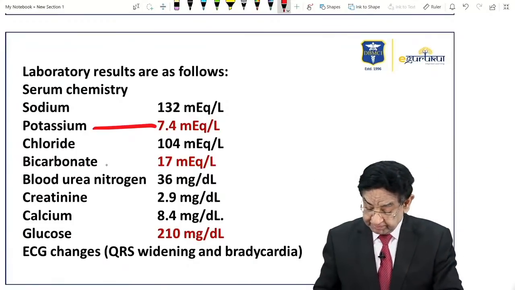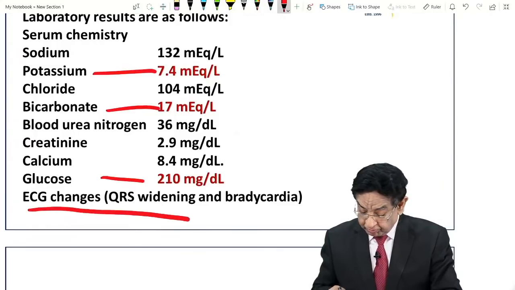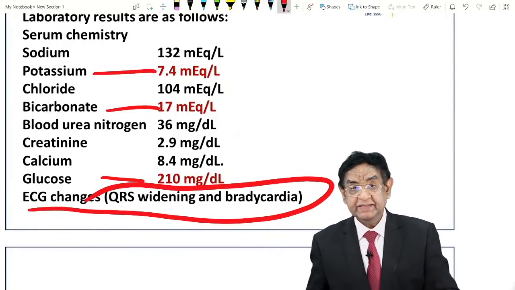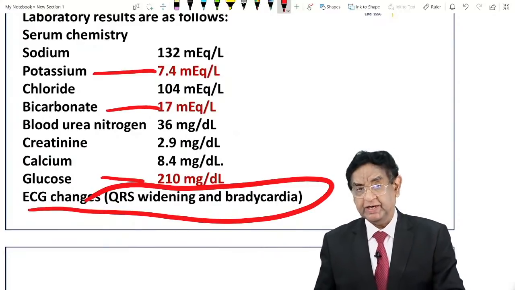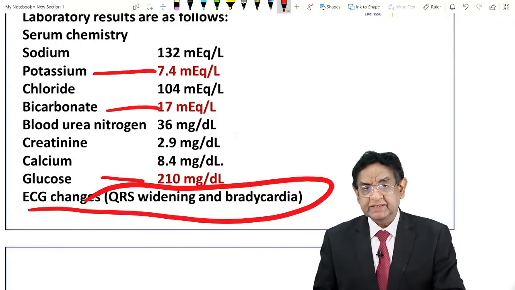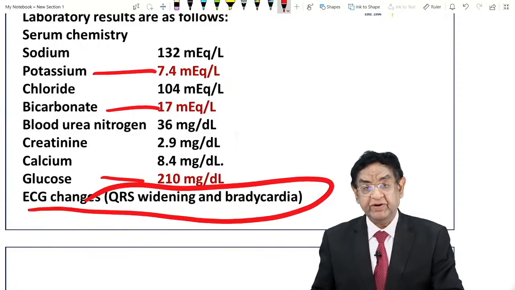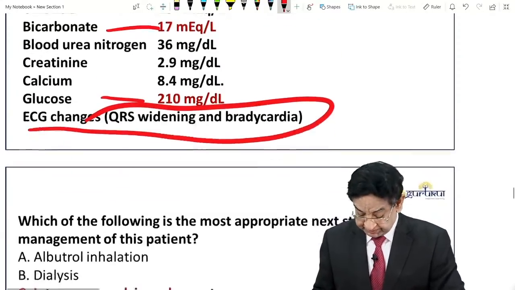Bicarb is 17. ECG shows wide QRS with bradycardia. In severe hyperkalemia, even bradycardia occurs. Write down this additional ECG finding. So this picture favors hyperkalemia, and definitely this gives the diagnosis.